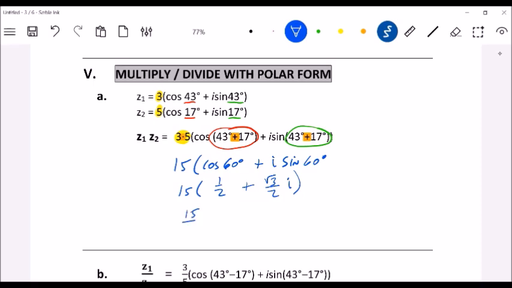So there are 2 ways to do this: 15 over 2 plus 15 root 3 over 2 i, or we can make them decimals, 7.5 plus 7.5i.